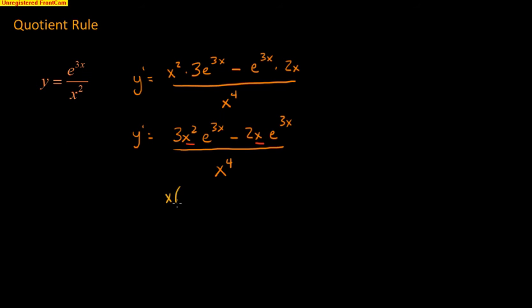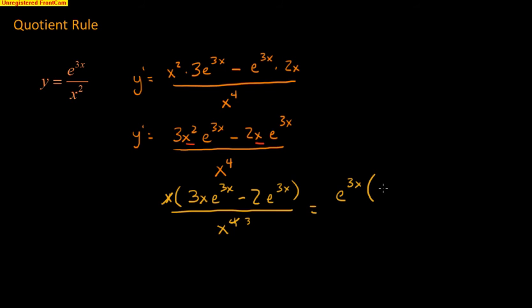So if we take out an x here, we'll have 3x e to the 3x minus 2 e to the 3x, all over x to the 4th. And as you know, algebraically now, this cancels with one of these and gives us an x cubed here. And as you can also see, they both have an e to the 3x in the top. So one of the ways I'm sure the book will have this is take out an e to the 3x, and then you'll have 3x minus 2, and this will all be over x cubed. And that would be your derivative there using the quotient rule along with e to the x. So that's a quotient rule example.